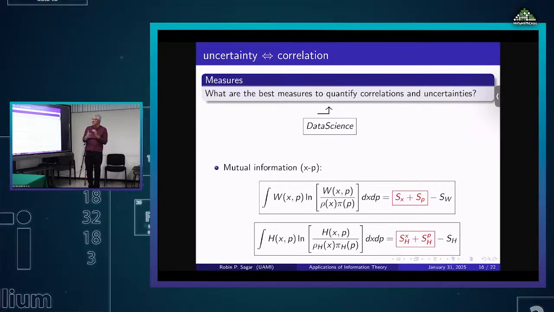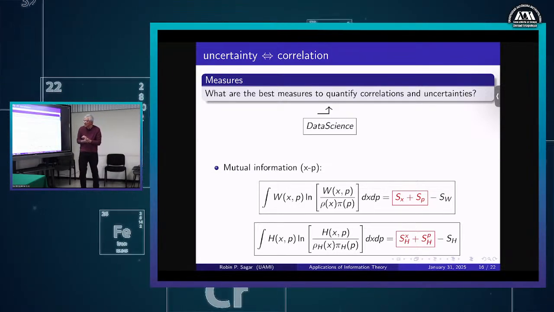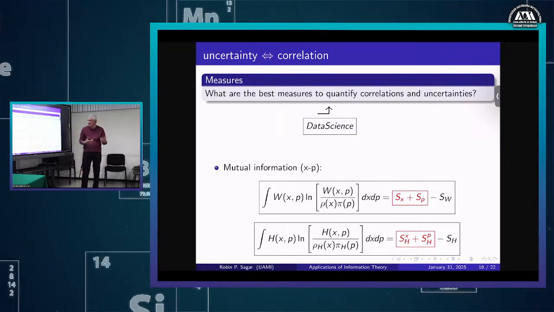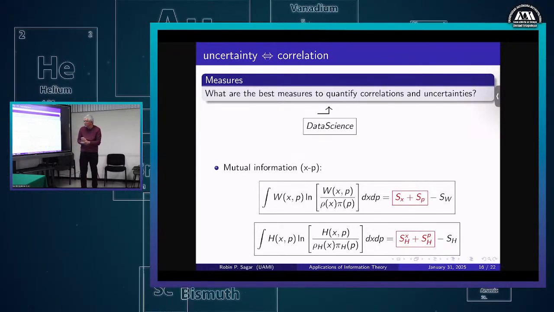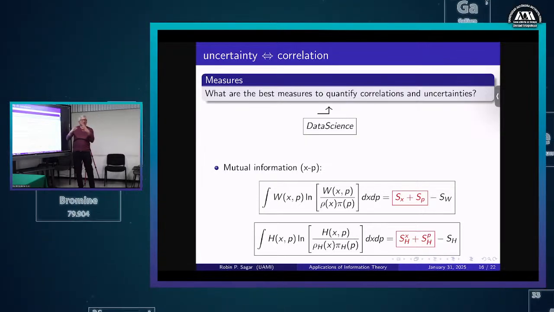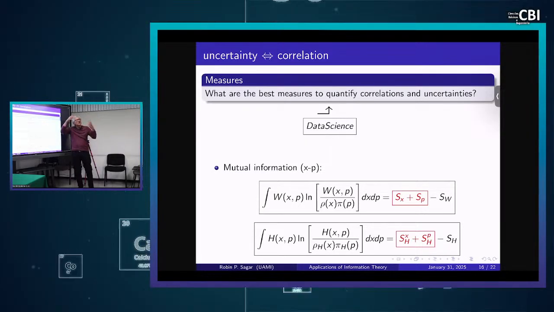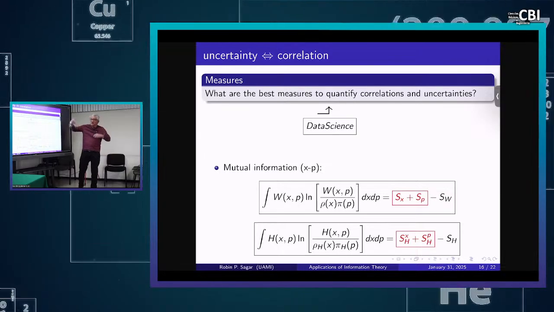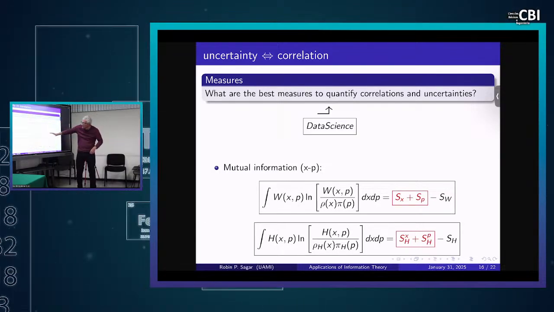But we can also calculate a mutual information between X, position, and momentum. Remember the definitions we had for the entropies of the phase space distributions of Wigner and Husimi. Well, we can do the same thing here.